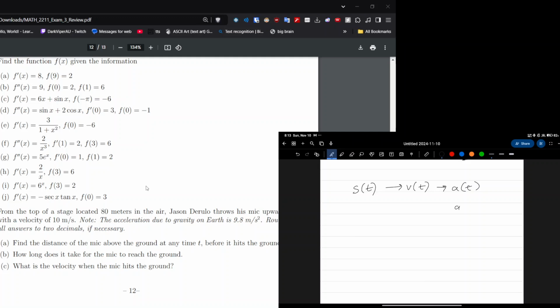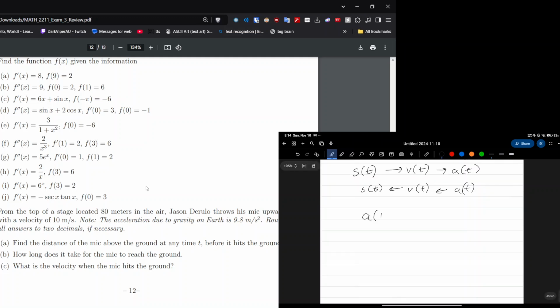Now, similarly, if you start at acceleration and antidifferentiate, you get velocity, and if you antidifferentiate that, you get displacement. So we can start from acceleration. Acceleration is always 9.8 meters per second squared.